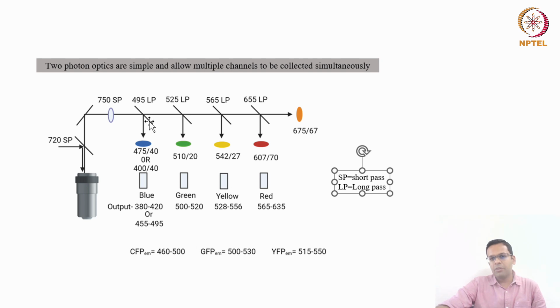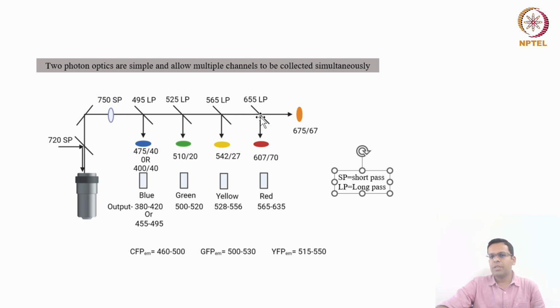So this is a dichroic mirror which will reflect 475 nanometer, but it will pass all the longer wavelengths. Then this dichroic mirror will reflect 510 nanometer and transmit all the wavelengths higher than 510 nanometer. This dichroic mirror will reflect 542 nanometer light and transmit all the higher wavelength light.